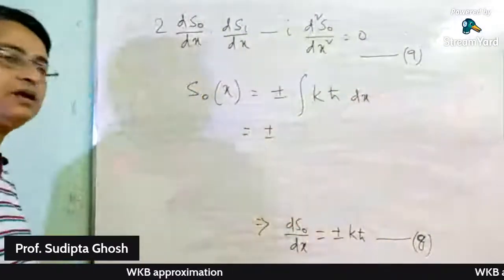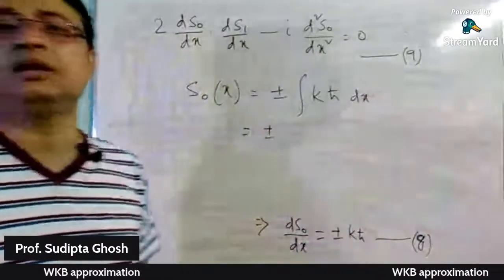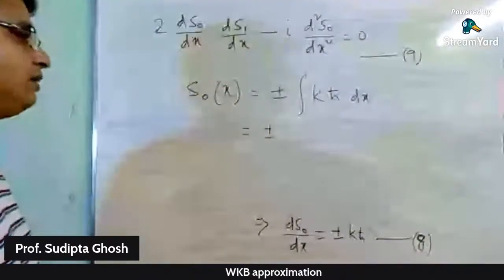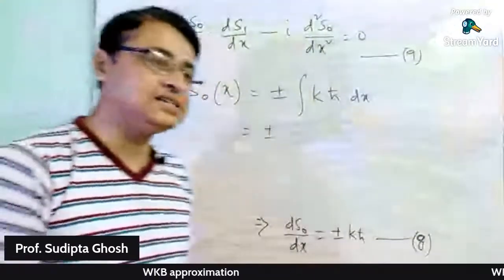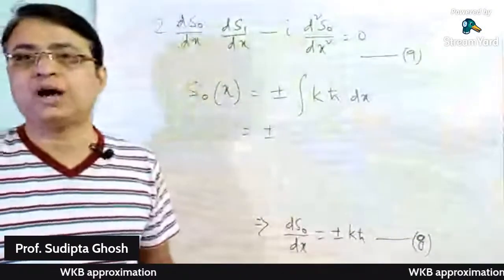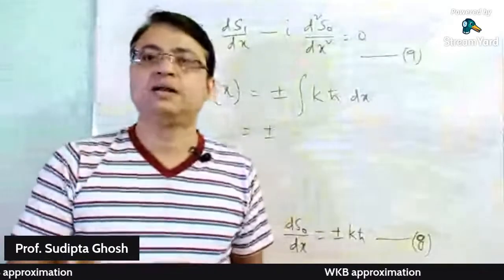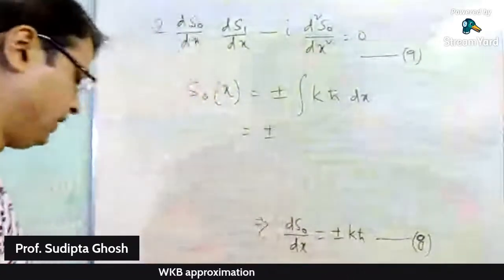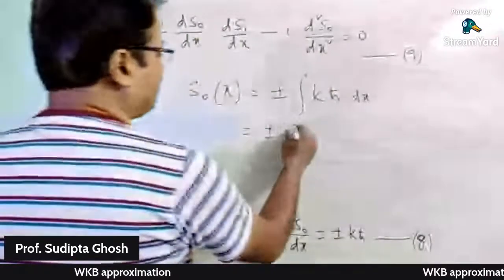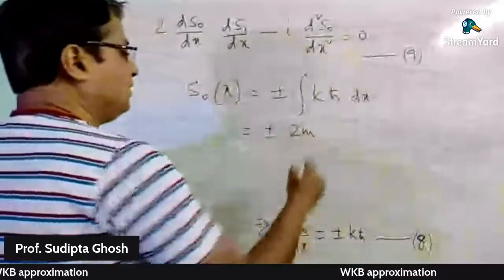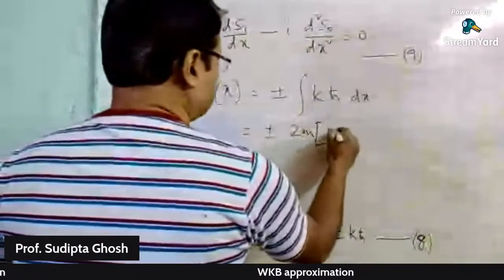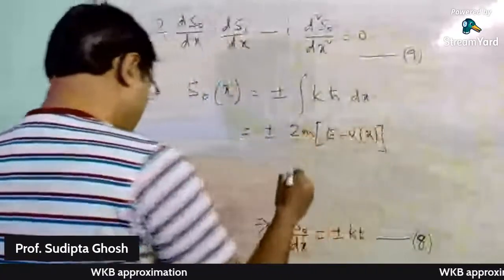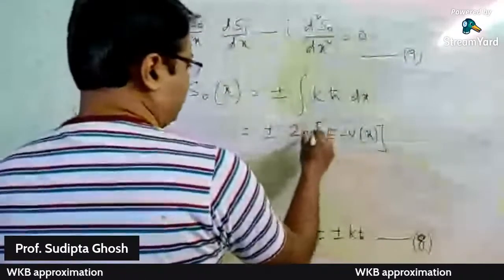Now putting the value of k, so what is our value of k? k² is actually 2m by ħ² times (E minus V(x)). So the value of k should be [2m(E minus V(x))] to the power of half.